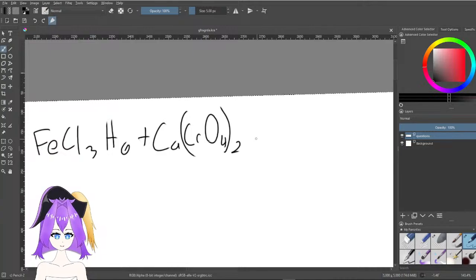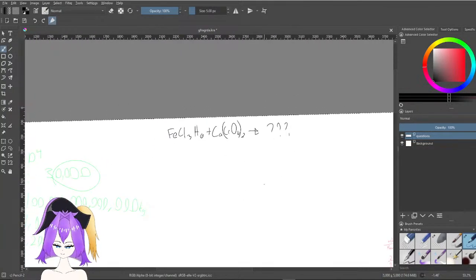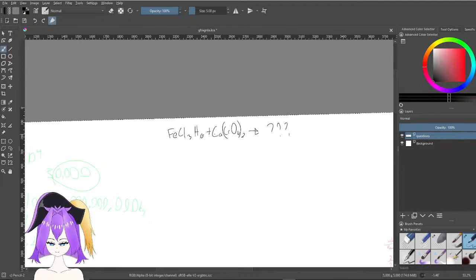I don't even know what that is. So, if this reaction is started with 5 grams of each reactant, what is the limiting reactant?